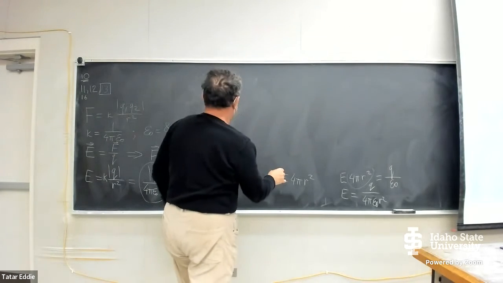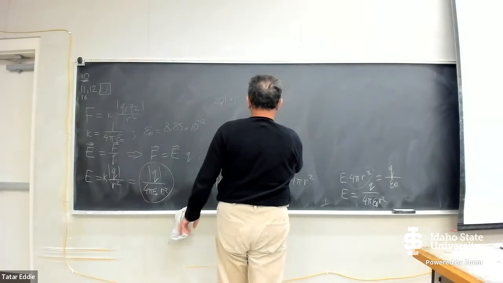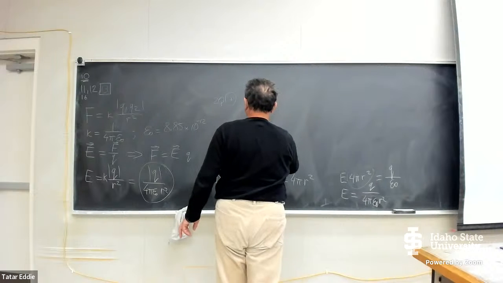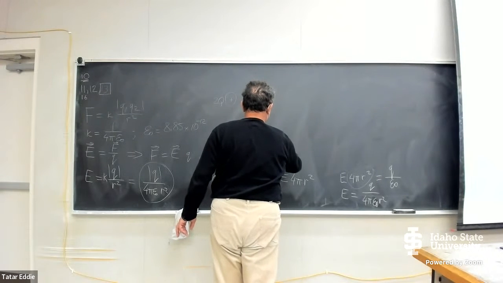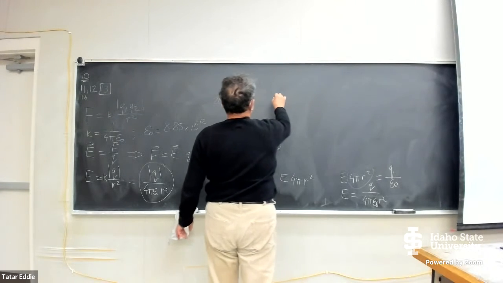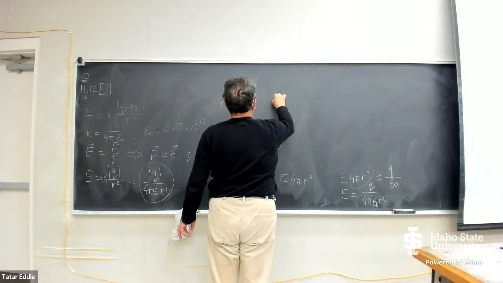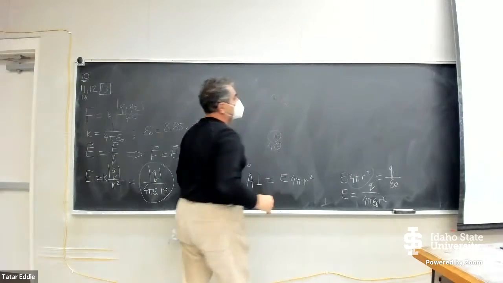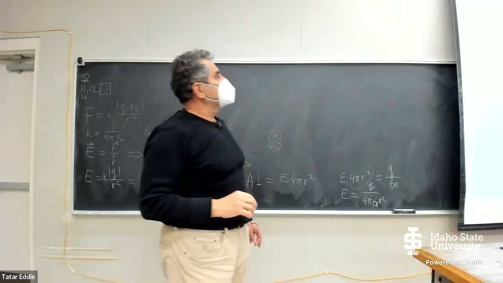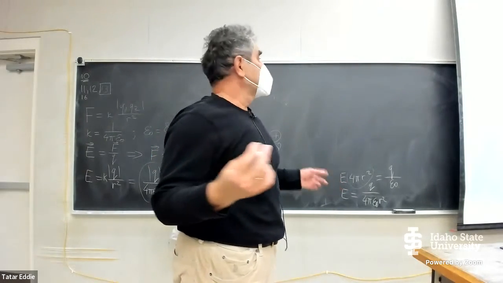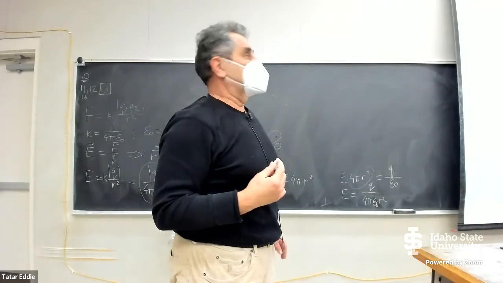You have a blue charge somewhere here, again positive, 4q. And you have a positive charge, you locate it here. The question is, what is the net force acting on the yellow charge?